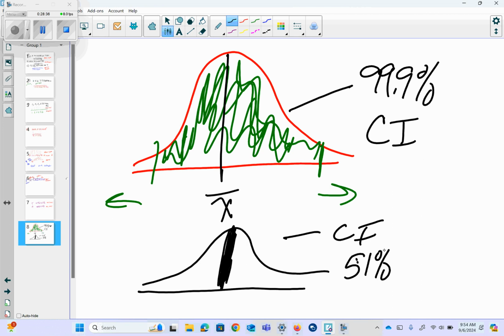So sometimes people see a 99.9 and think, dude, that's incredible, they know what they're talking about. No, a 99.9% is like you have no idea where your data is going to lie, so you're making it as wide as possible.